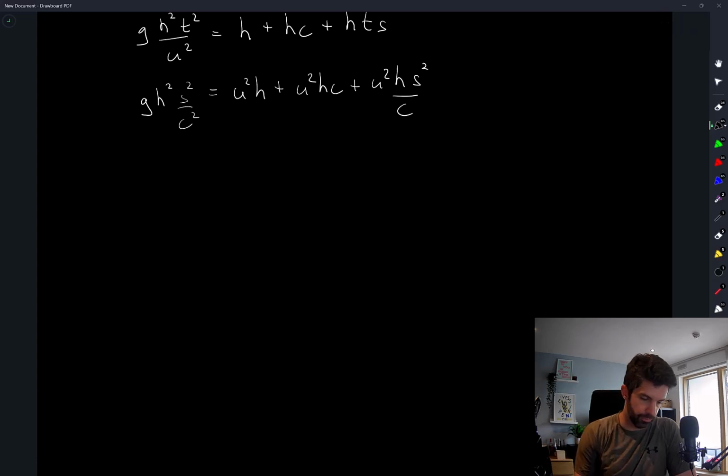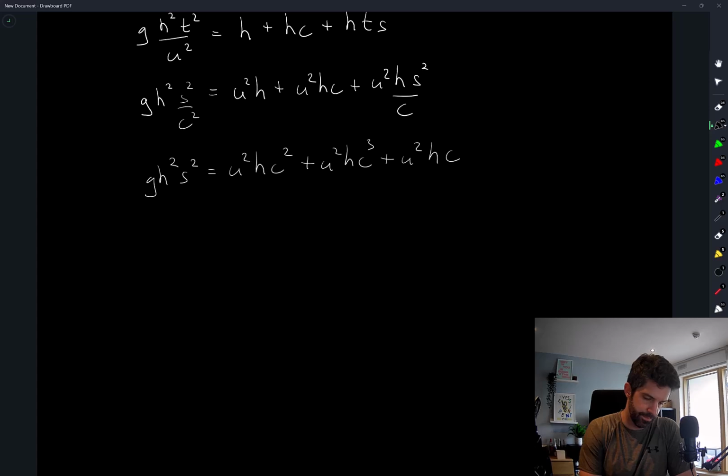Okay, multiply through by c squared. So that doesn't seem to work.